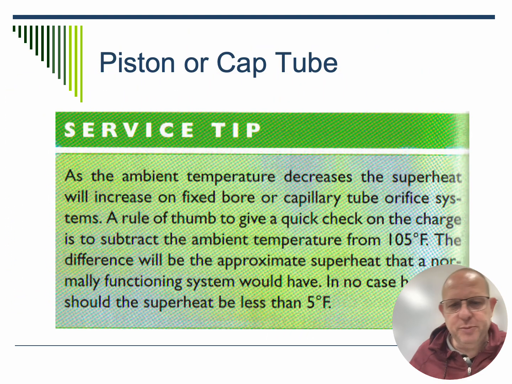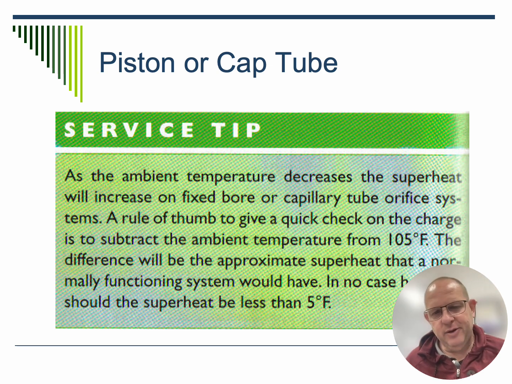So on a capillary tube system or a piston metering device type of system, to predict what that system's superheat should be, another way to do it is take 105 degrees minus the ambient temperature. And this is why I screwed this up when I was out in the field. You look at units and you charge them no matter what the temperature is outside.